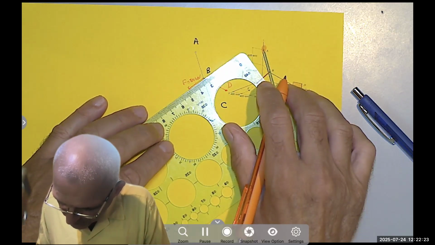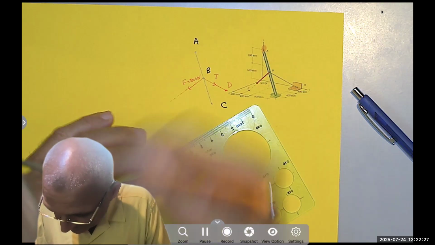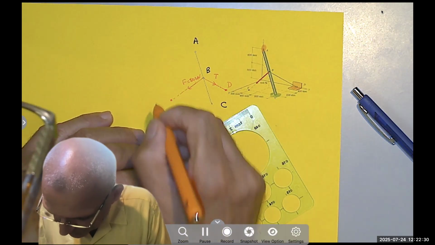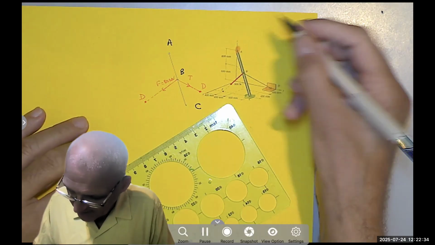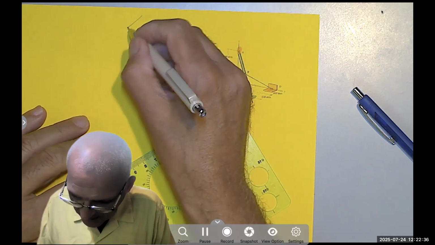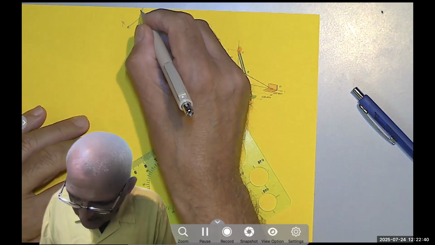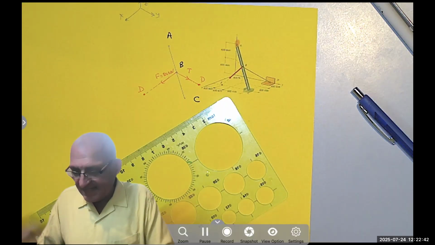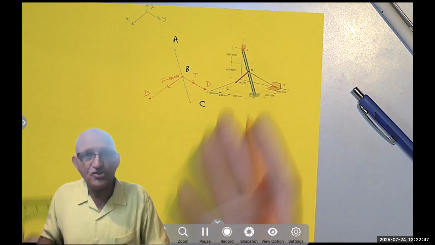And again, some dotted lines to point D. I will show my X, Y, and Z. But then this is not a complete free body diagram because you cannot solve, right?